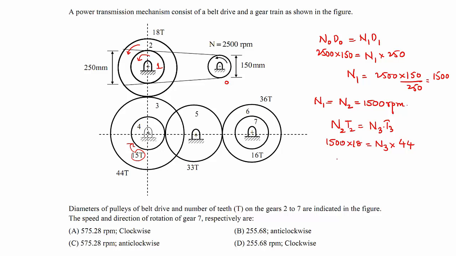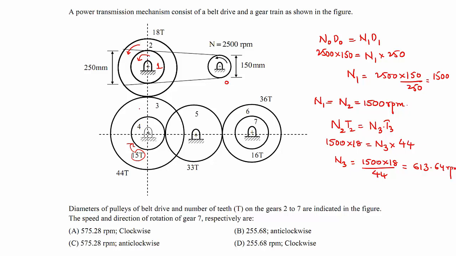So N3 is equal to 1500 into 18 divided by 44, which is 613.64 rpm. Now this is rotating in anti-clockwise.